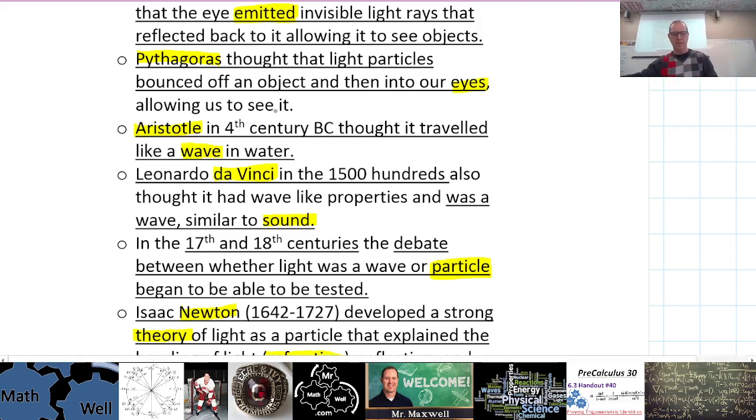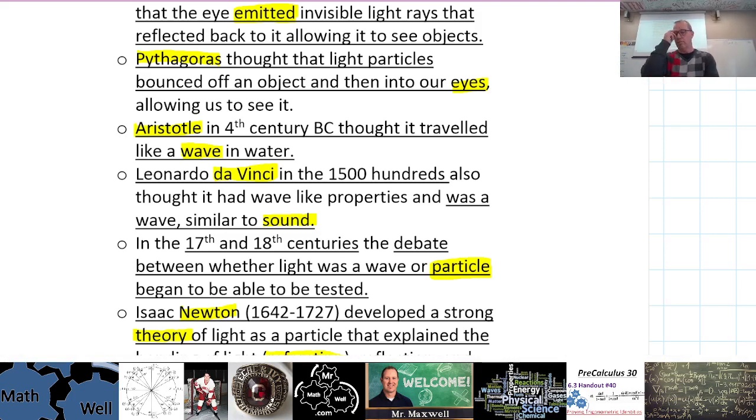So in the 17th and 18th centuries, the debate between whether light was a wave or a particle began to be tested. So in the 1600s and 1700s and into the 1800s, experimentation, right? The Enlightenment, experimentation, new developing thought.